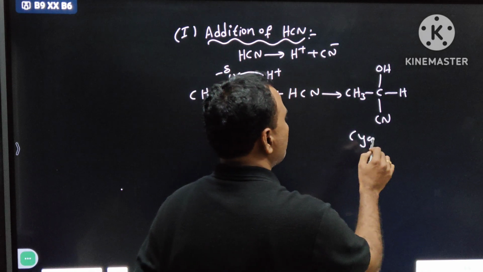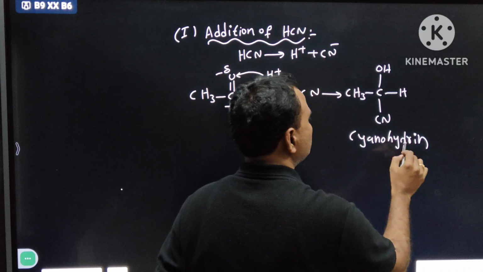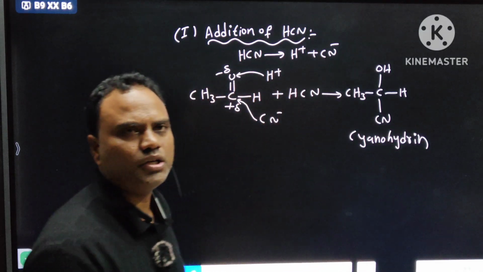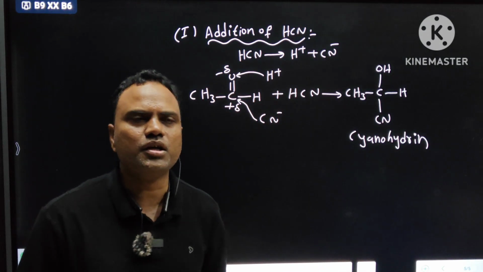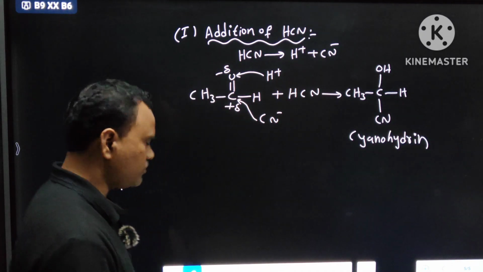What is its name? Cyanohydrin. The compound in which one carbon is attached to cyanide and OH is called cyanohydrin.